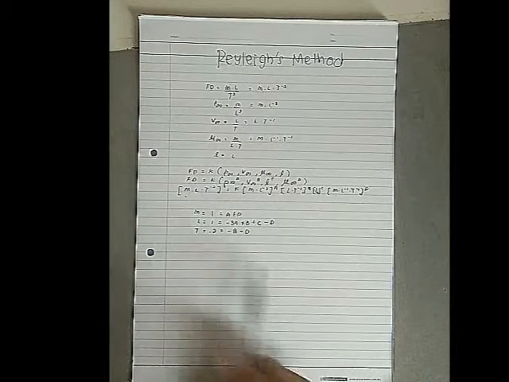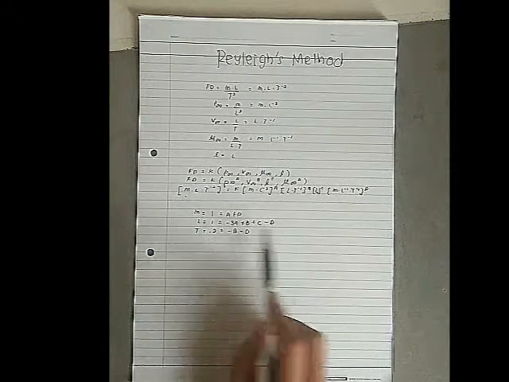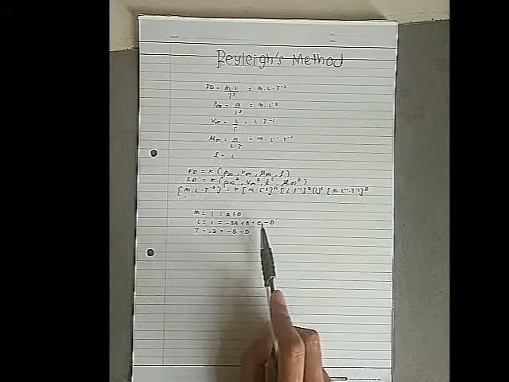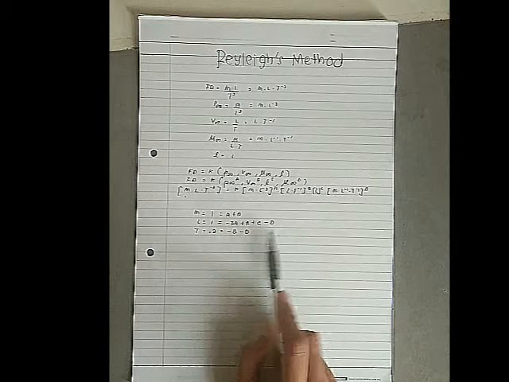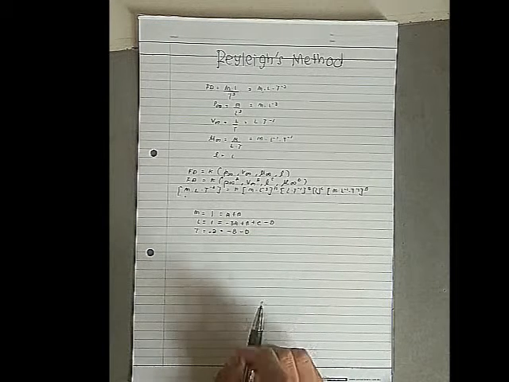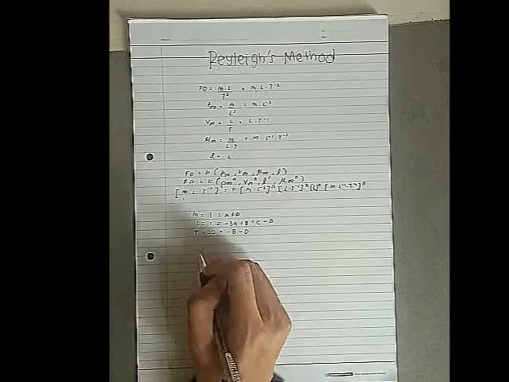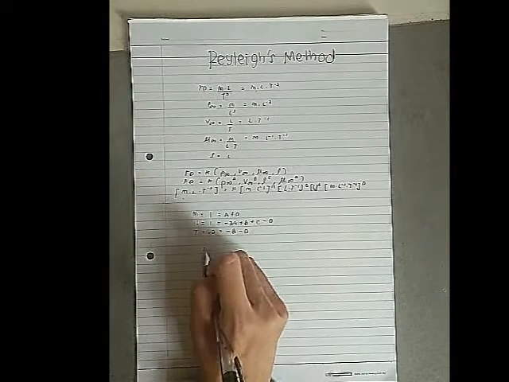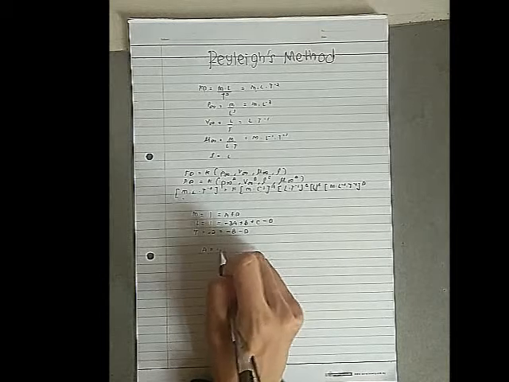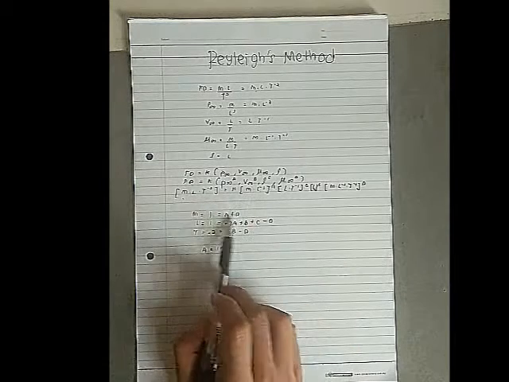After that, we will have 3 equations and 4 unknowns, which are A, B, C, and D. So we need to reduce it to 1 unknown only. We put A equal to 1 minus D, as in equation 1.